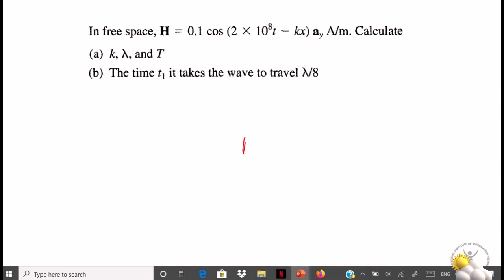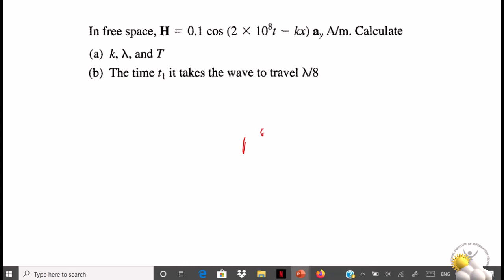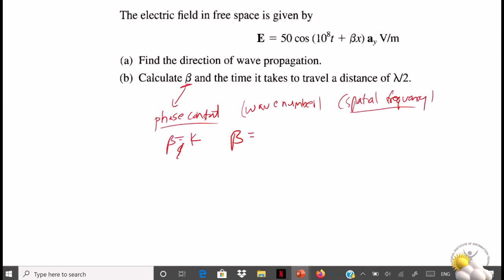So usually the formula for beta goes like beta is equal to omega into square root of mu naught and epsilon naught. Of course, the actual formula goes like beta is equal to omega into square root of mu epsilon, but in our case it's free space, so the formula goes to omega into square root of mu naught epsilon naught. So what is the value of beta?